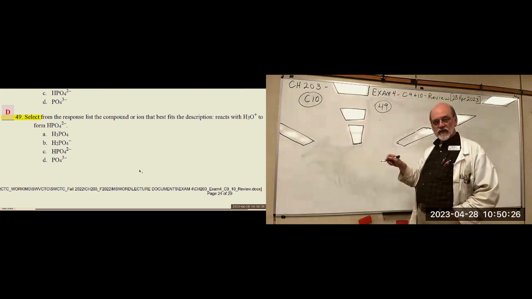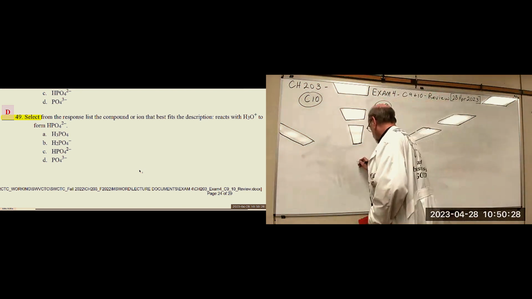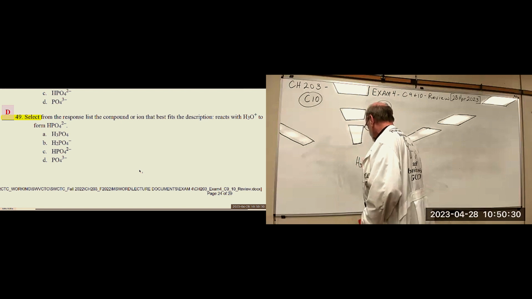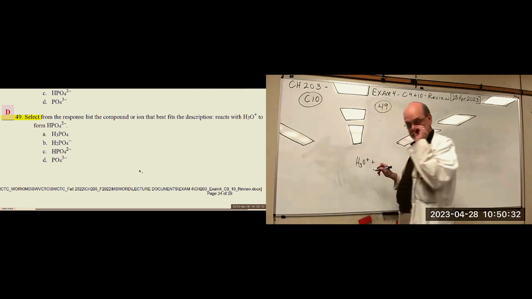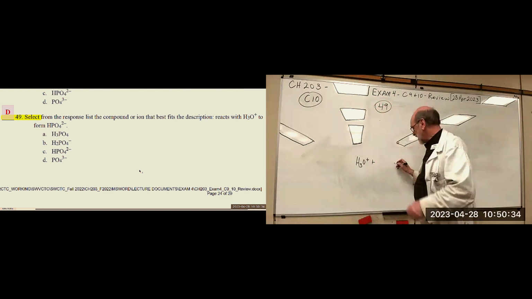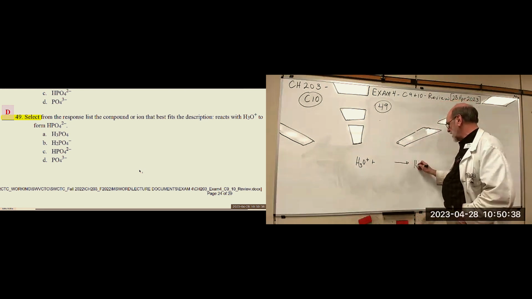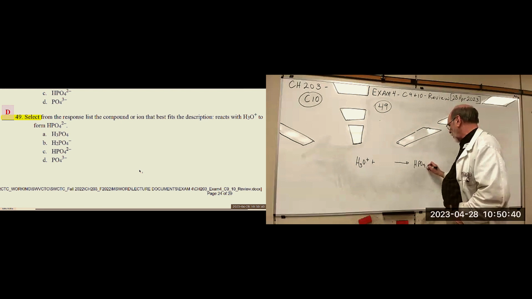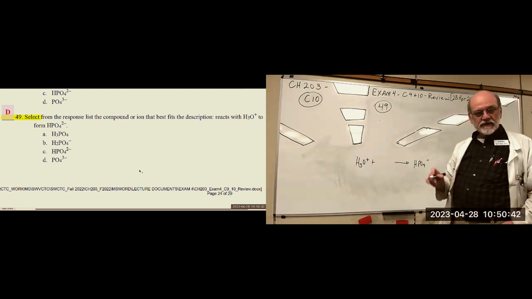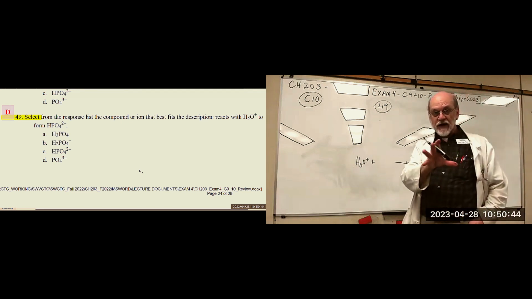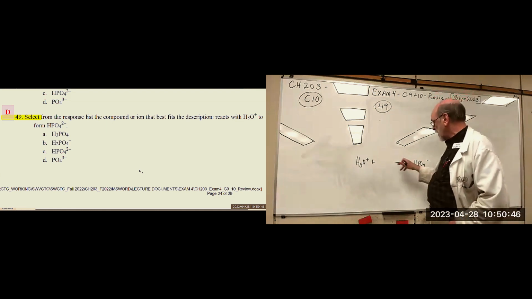Okay, so this is a reactant, and it produces HPO4 2-. So all of those compounds have phosphate in them, right? So we need a phosphate over here.